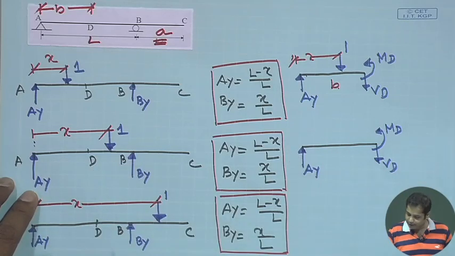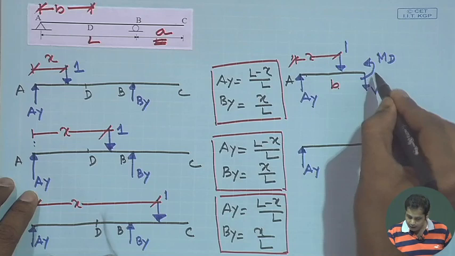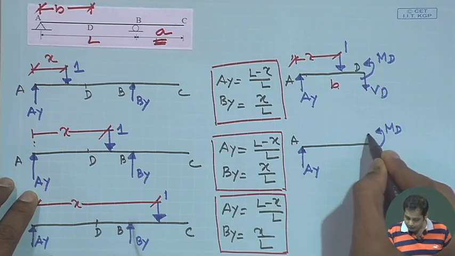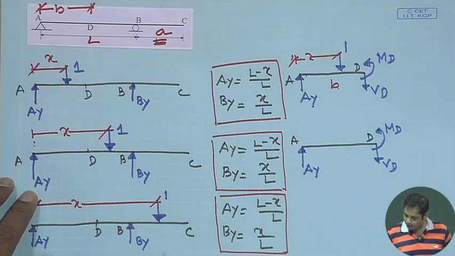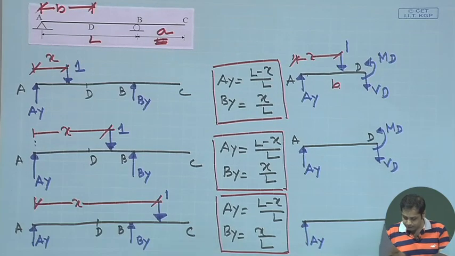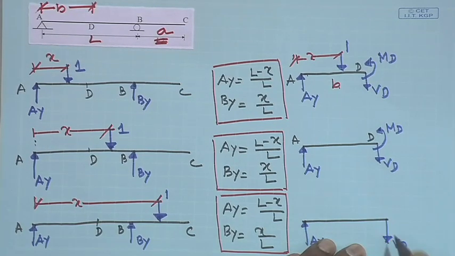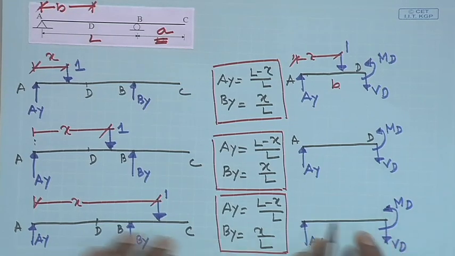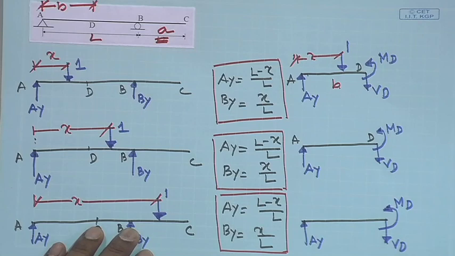This is A and D. The third case is also the same thing. This is AY, this is VD, this is MD, and there is no load in between. This distance is B.